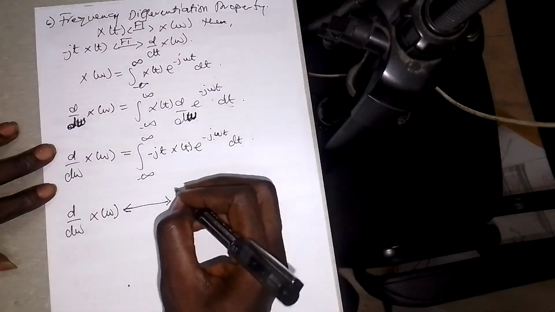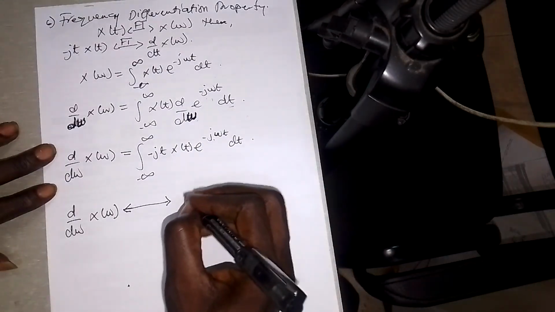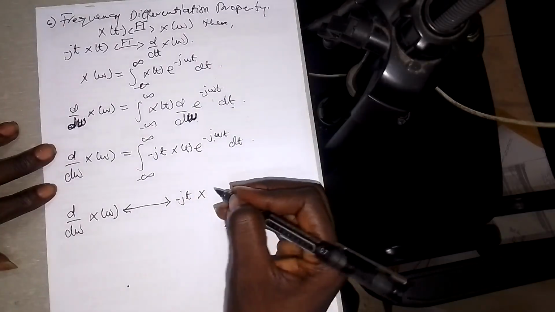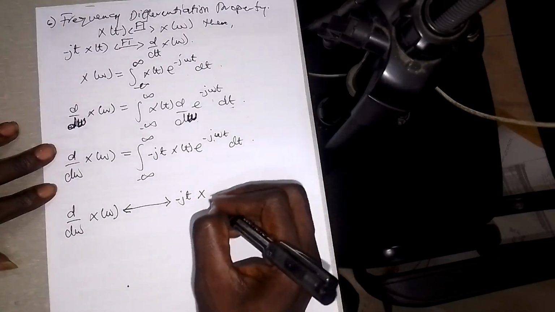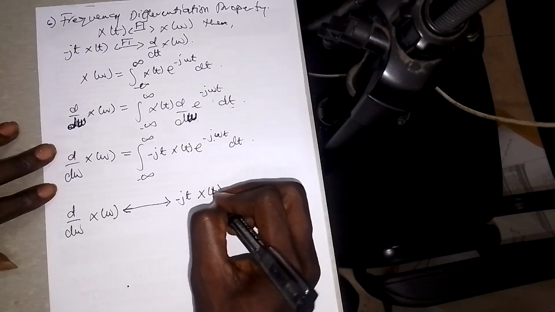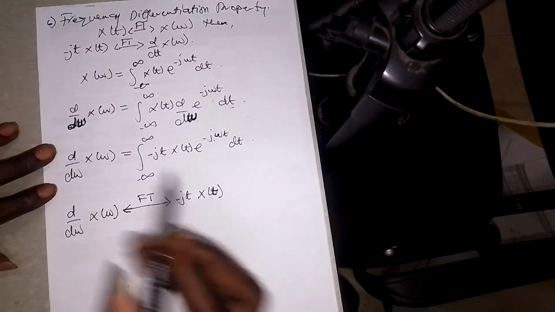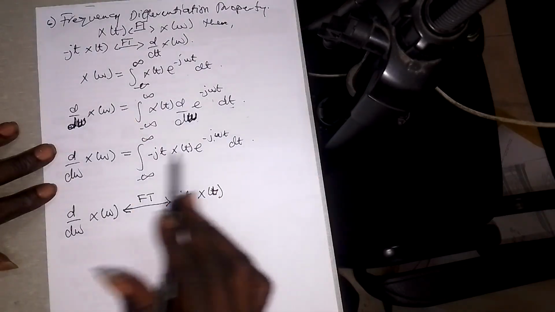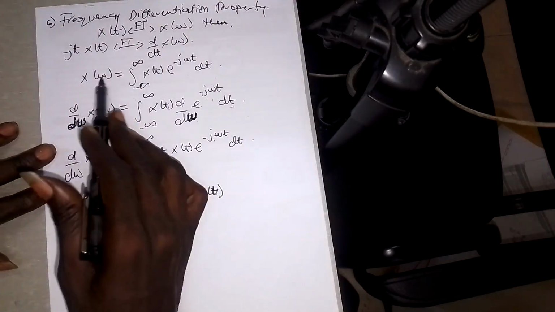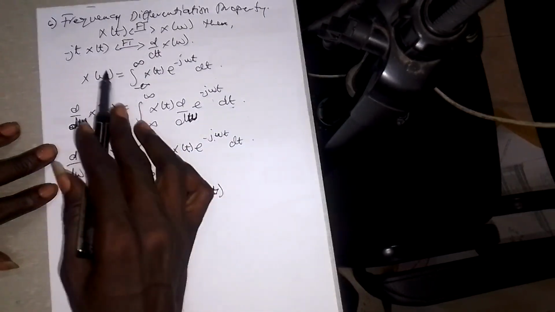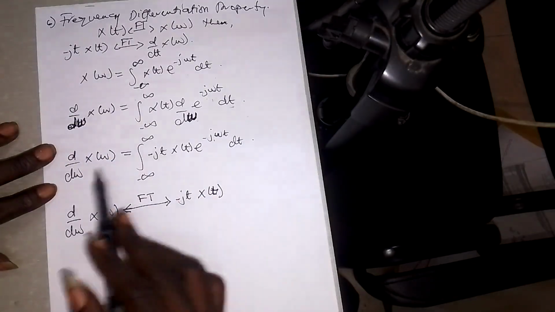And we know that X(omega) is the Fourier transform of x(t). So instead of writing X(omega), I can write x(t). So I write minus jt, and here becomes x(t), and here is the Fourier transform. Because all the terms you have, if you take away minus jt, are equal to X(omega) as here, and we know that X(omega) is the Fourier transform of x(t).